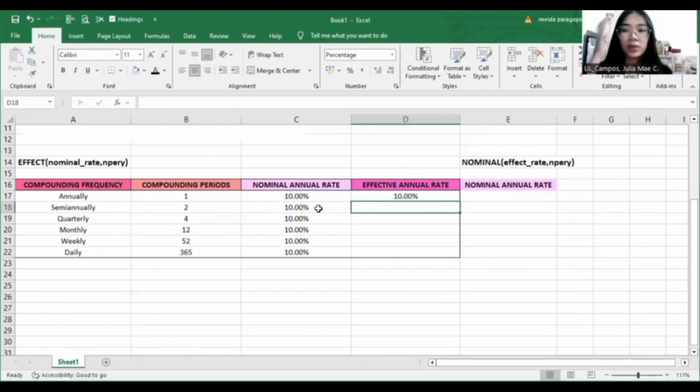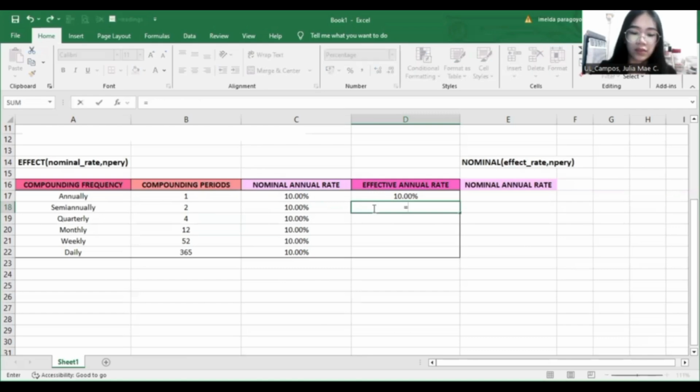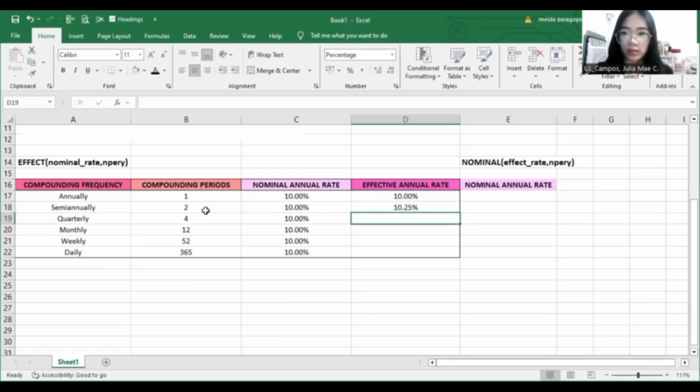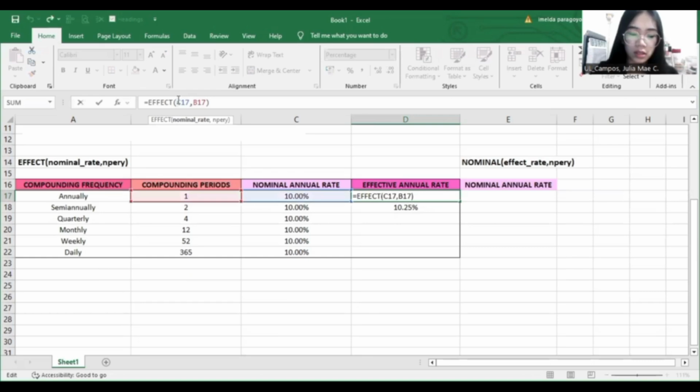So gawin din natin siya sa effect. So para hindi natin siya gawin the rest dito, you can use remix reference.